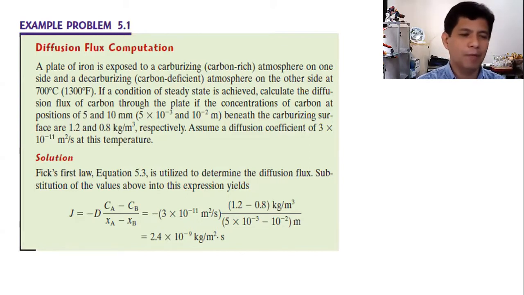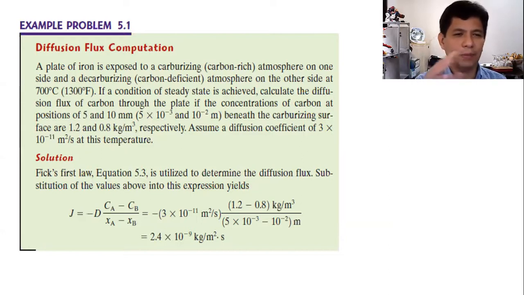Na-imagine nyo naman yung problem: mataas yung temperature, 700 degrees Celsius, tapos yung concentration dun sa isang side ng carbon, mataas. Carbon, usually coal yan, hinahalo lang nila sa iron. So coal is carbon. Sa kabilang side, mababa.